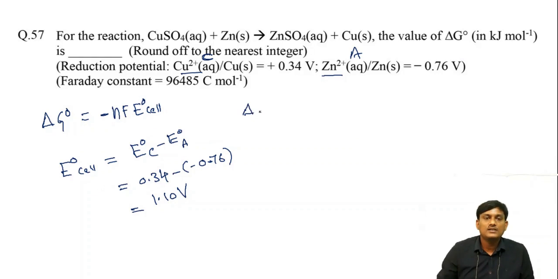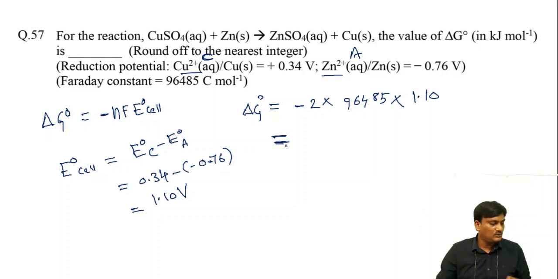Then delta G naught is equal to minus nFE. How many electrons are involved? In this case, 2 electrons are involved. So minus 2 into F, 96485 into 1.10. So what is the value you will get?